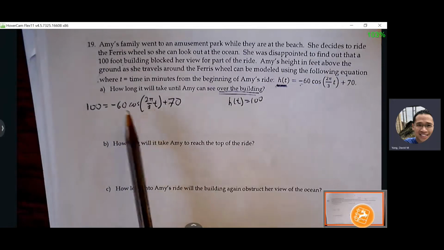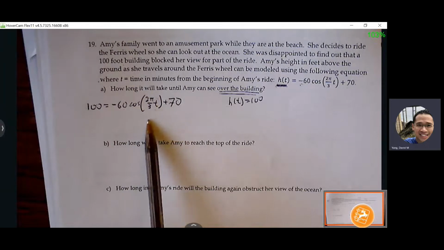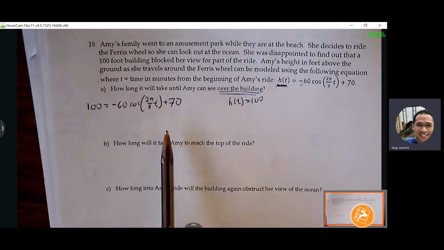Okay, so now it's just a matter of trying to get this cosine 2 pi over 3t by itself. So what would you do first?